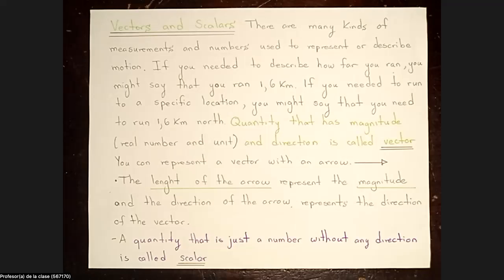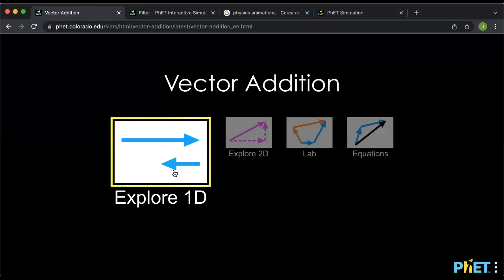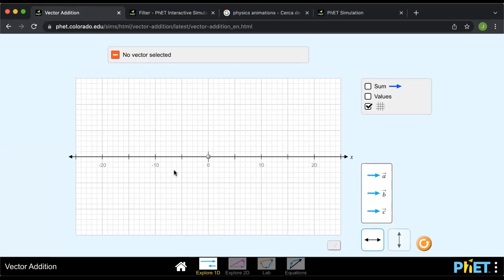Let's do the next graph. Let me see if I can share my screen. I will share my screen to you. Okay, there it is. So a vector is represented by an arrow.